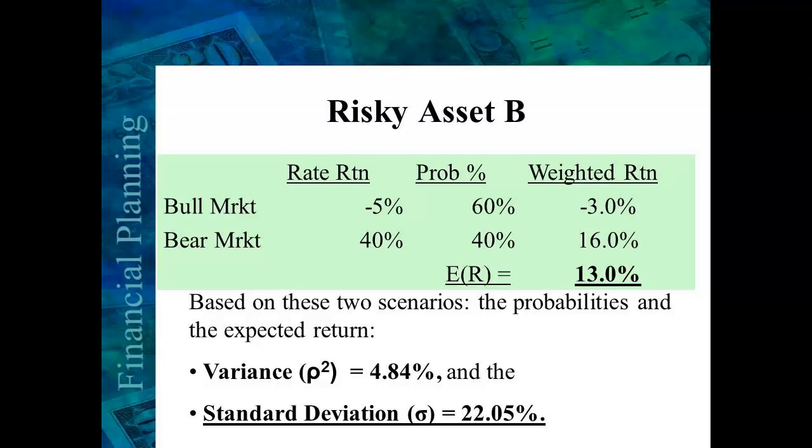Based on the scenario probabilities and scenario returns, the expected return for risky asset B is 13%. The variance is 4.86%, and the standard deviation is 22.05%.